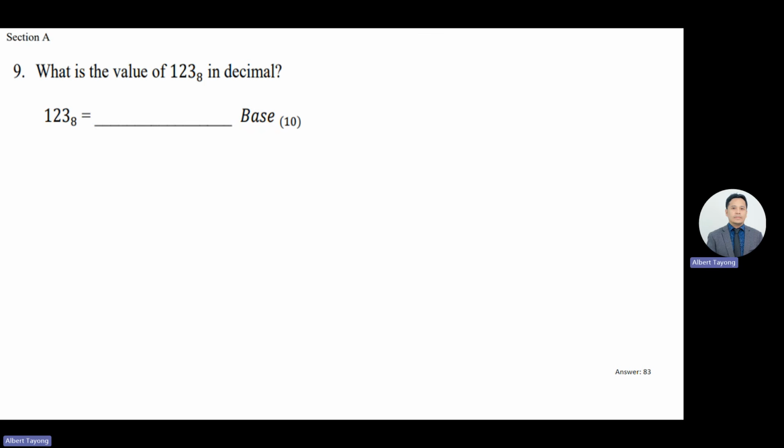Okay, so here we're going to convert 123 base 8 to base 10. 10 is on the right. So we're going to use the multiplication and addition. Actually, the formula is D times 8 raised to the power of n.